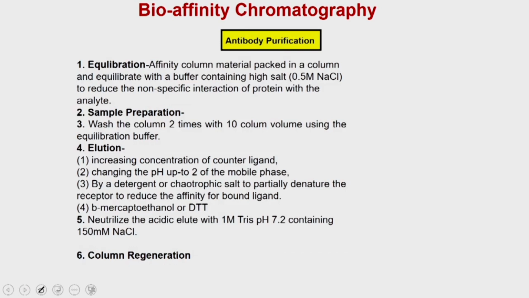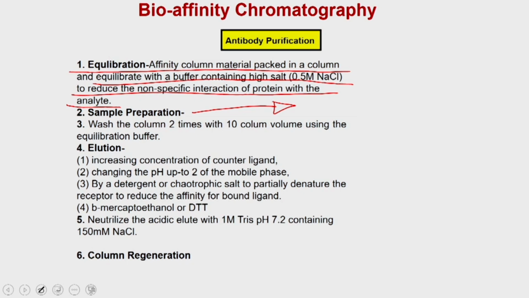In the next step you are going to equilibrate, which means you first pack the affinity column and then equilibrate with a buffer containing high salt to reduce the non-specific interaction of proteins with the matrix. Then you prepare the sample. Sample preparation is simple: it should not have any particulate matter, so that it does not clog the column or affect the flow rate when you are purifying.